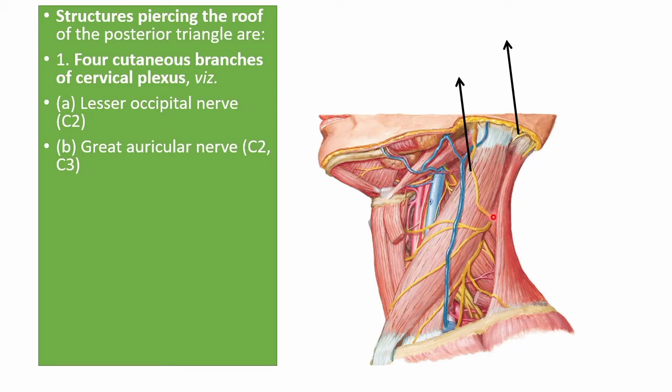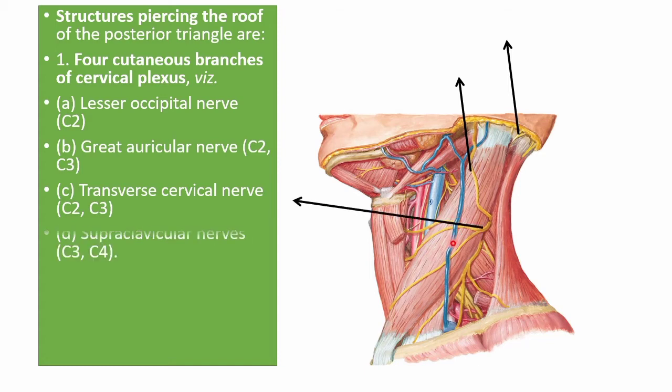It comes outside from the posterior border, runs over the surface of the sternocleidomastoid, pierces it, extends upwards and runs behind the auricle. Then the transcervical nerve, which runs on the surface of the sternocleidomastoid muscle, exactly posterior to the external jugular vein.